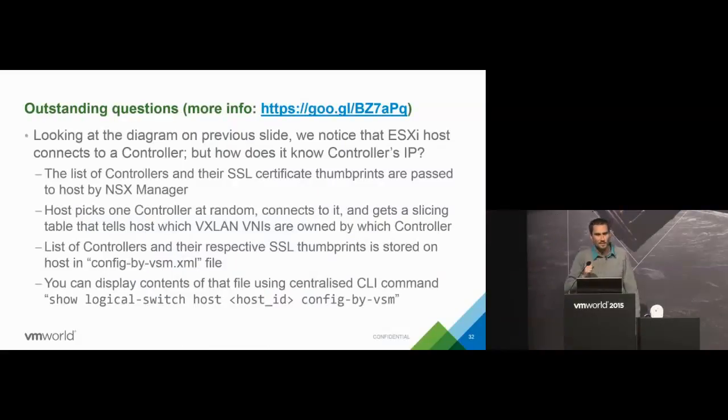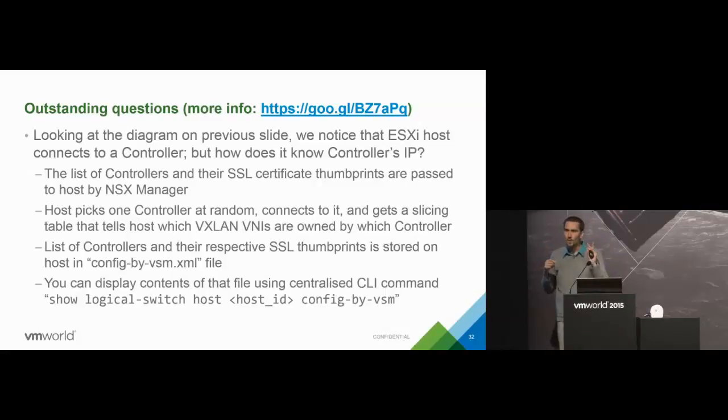For those who didn't raise hands, here's how it happened. The host gets a list of the controllers and their SSL certificate thumbprints, because the host to controller communication is encrypted with SSL, so we need a way of ensuring that they're actually using the correct certificates. So they exchange certificate thumbprints, which are passed to the host by NSX Manager.